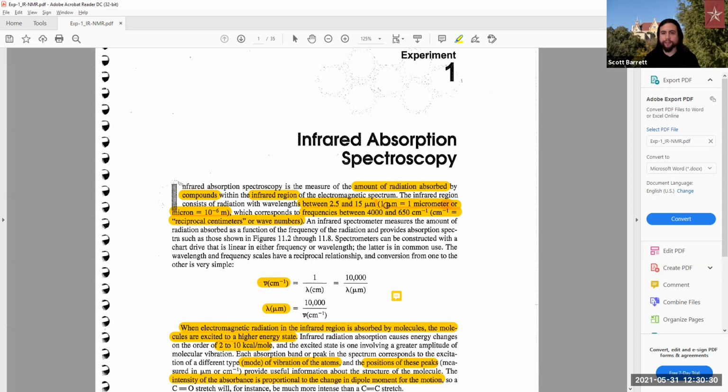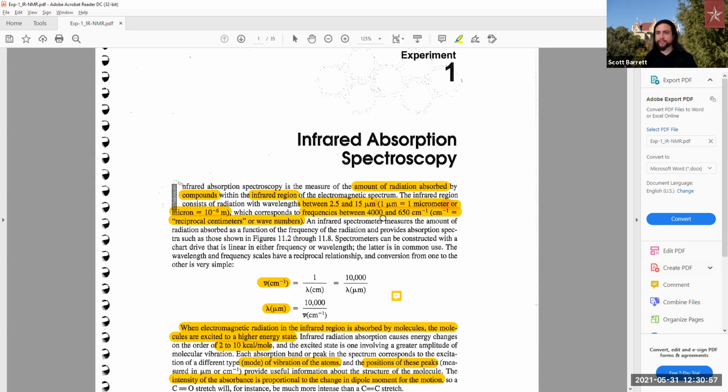We should know that 1 micrometer is equal to 1 micron, which is 10 to the negative 6 meter. This corresponds to the frequencies between 4,000 and 650 inverse centimeters. Additionally, in IR spectroscopy, there is an inverse relationship in terms of the scale whenever we look at an IR spectra.